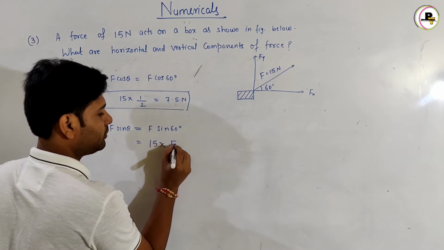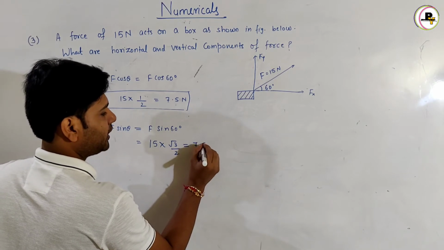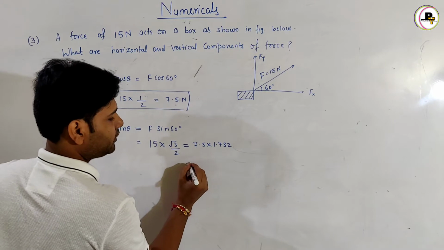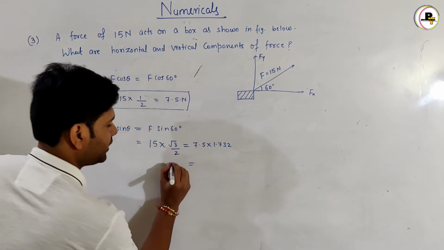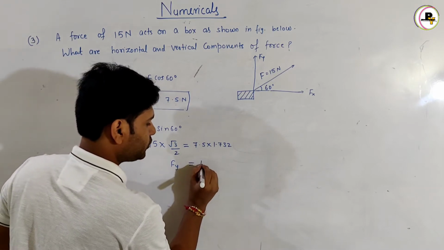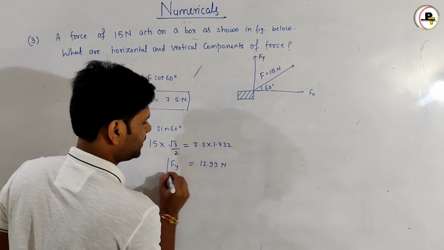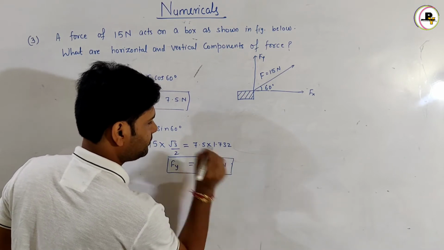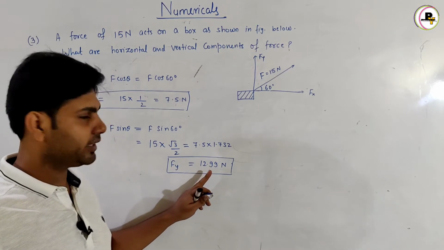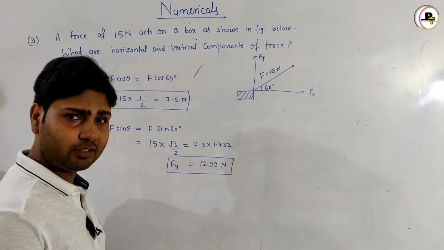It is root 3 by 2, and this is equal to 7.5, and root 3 is 1.732. So if I solve it, I get Fy is almost equal to 12.99 Newton, which is around 13 Newton. So this is question number 3, which is an extremely easy question.